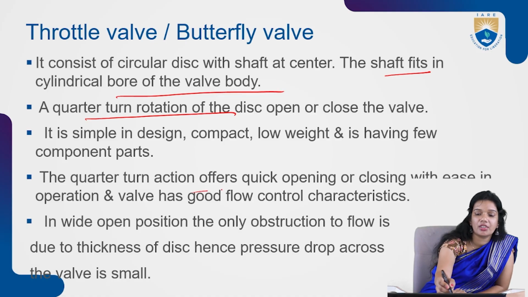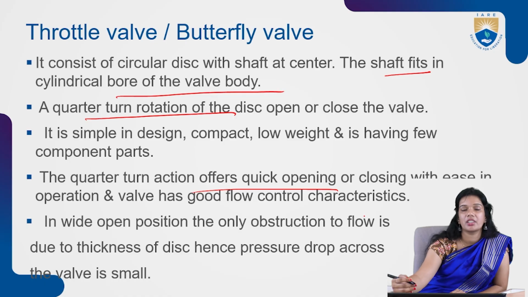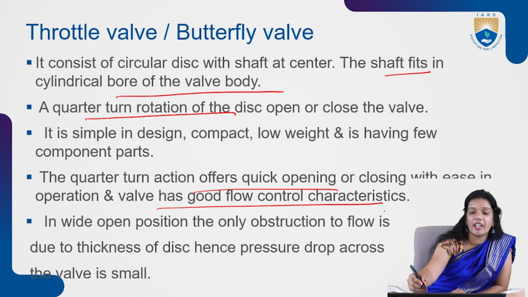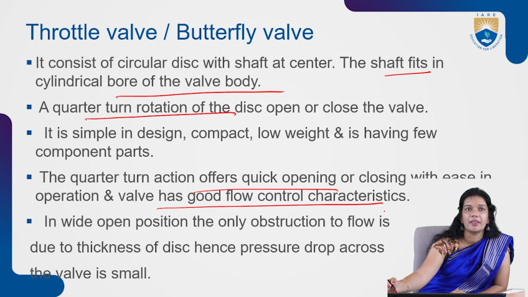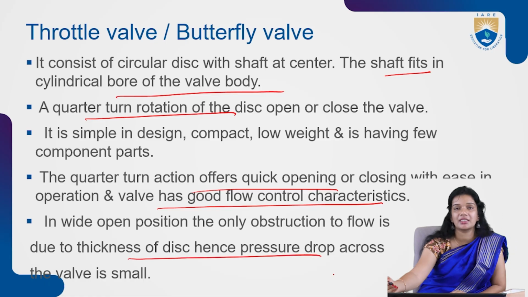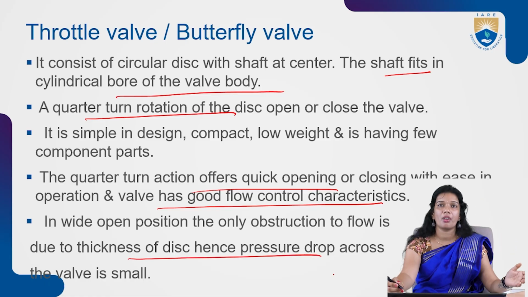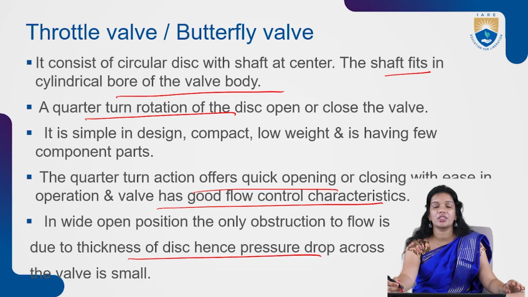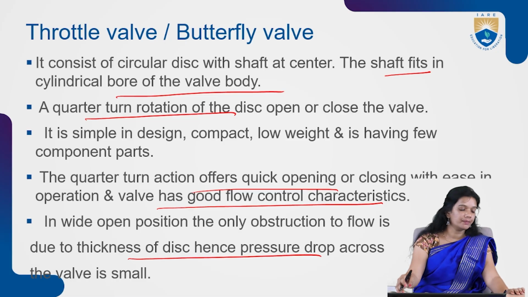The quarter turn action offers a quick opening, or a quick closing, with ease in operation, and the valve has good flow control characteristics, right? So in the wide open position, the only obstruction to the flow is due to the thickness of the disc, hence the pressure drop across the valve is going to be very small, right?